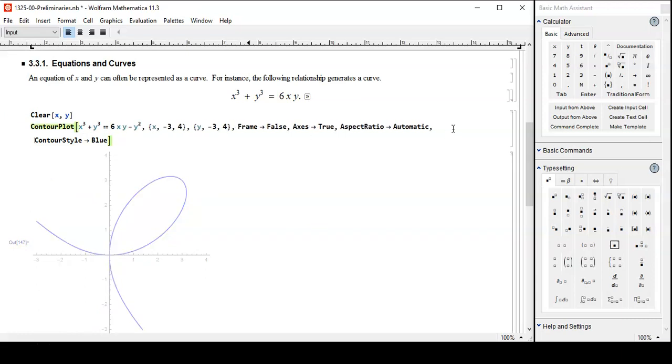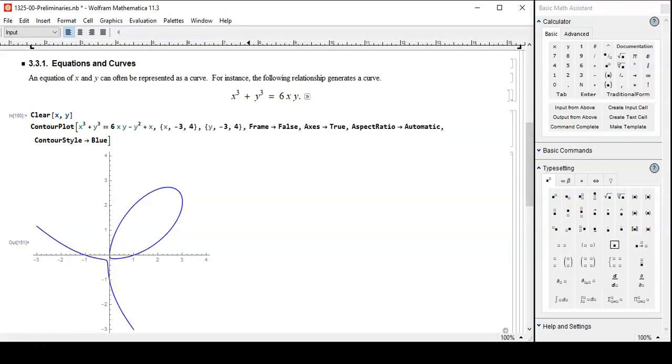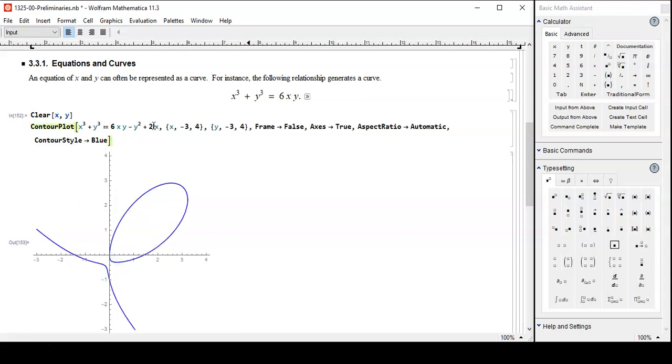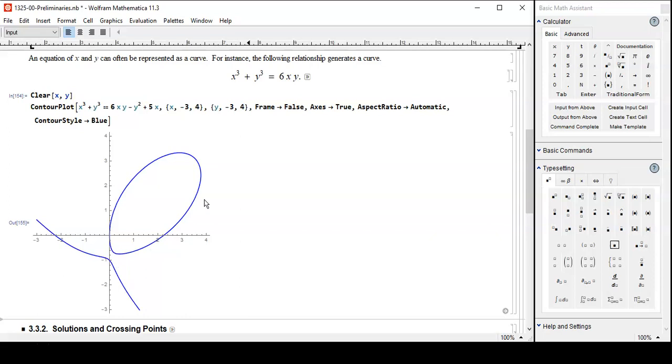That certainly will change things a lot. Oh, it did not. Not by much. Okay, there you go. I see some change. Make it bigger. Okay, I can clearly see now we have two separate pieces of curve coming from a single equation.